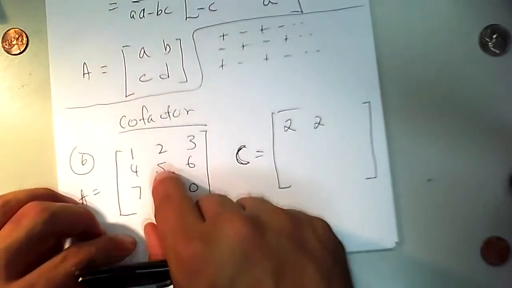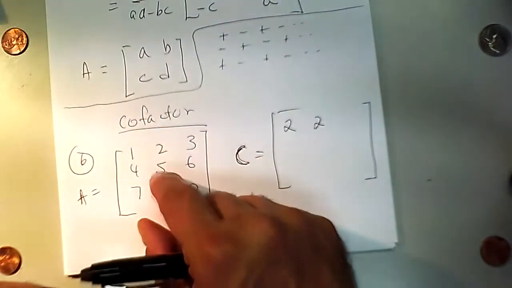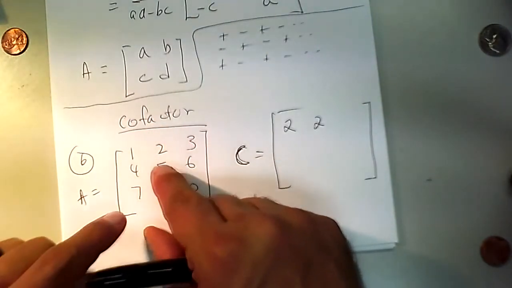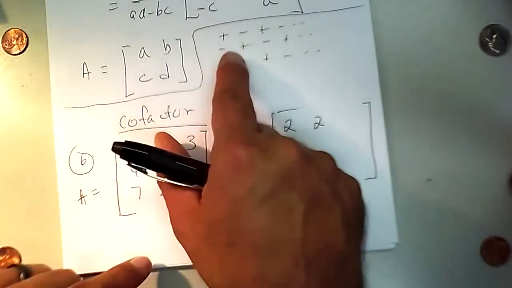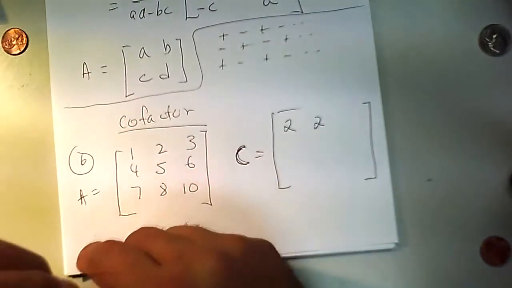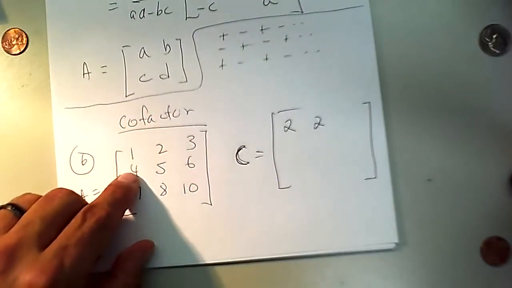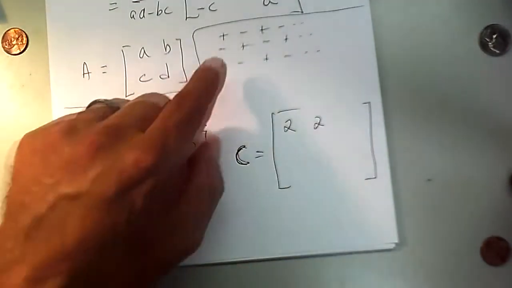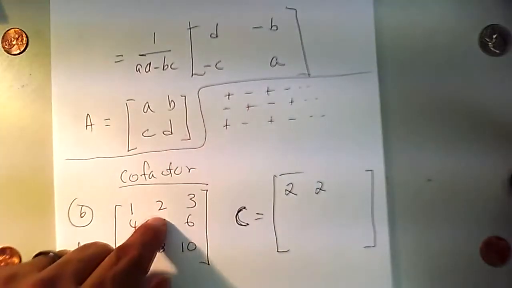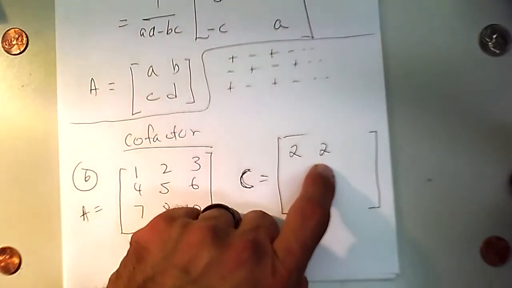So when we find a determinant by erasing columns and rows, in addition to that, we're going to multiply by one of those signs, depending on the position we are, depending on the cofactor. So the cofactor of this 2 is going to be 40 minus 42. It's negative 2, but we're going to multiply by negative because this position corresponds to the negative. Thus, we end up with 2.